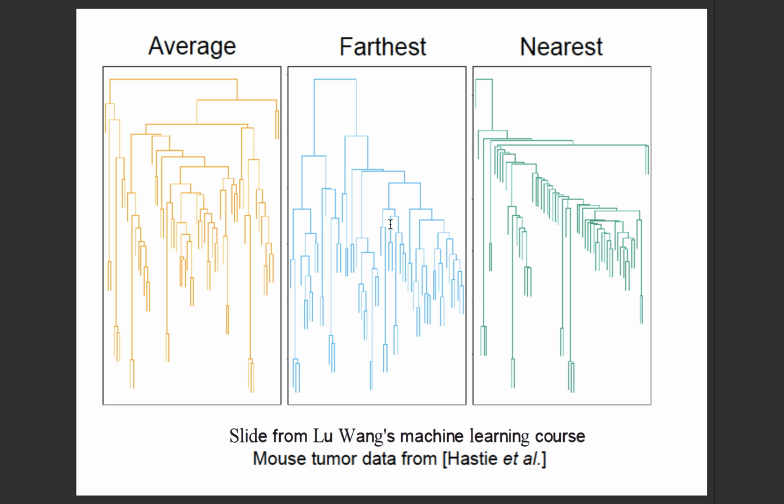But even the default, complete, has its own problem. It considers the furthest two points. So what's the problem? If we have some outliers in our dataset, which is quite common, maybe in this group we have a point very far away, but all the others are close to the group, we only consider the outlier.